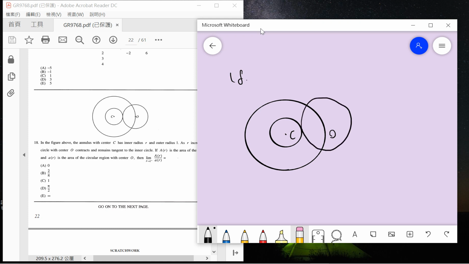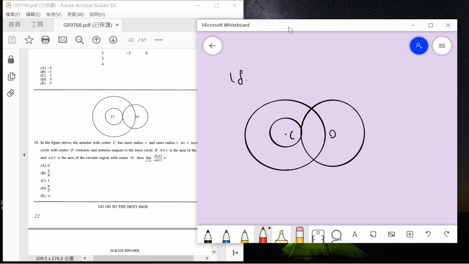Hopefully this is very close to the graph.